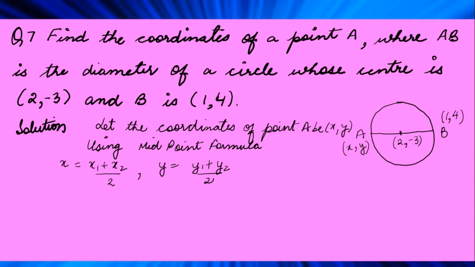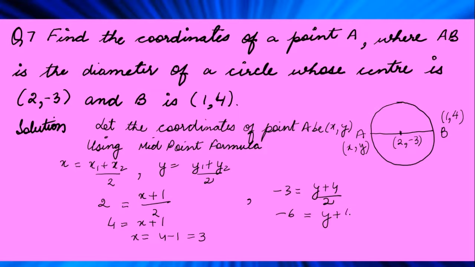So it will be (x plus 1) upon 2 is 2 and -3 is (y plus 4) upon 2. So it will be 4 is x plus 1, or you can say x is 4 minus 1, that is 3. It is -6 equals y plus 4, or you can say y is -6 minus 4, y equals -10.